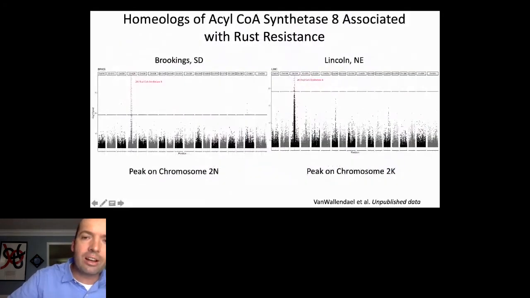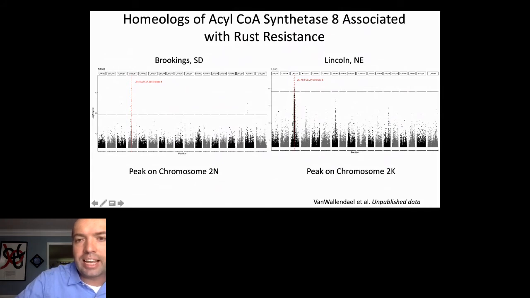And so with that, we've conducted genome-wide association studies across these different field sites, and we've actually identified major loci that control rust resistance. We see different loci showing up at different field sites, so Brookings, South Dakota versus Lincoln, Nebraska.